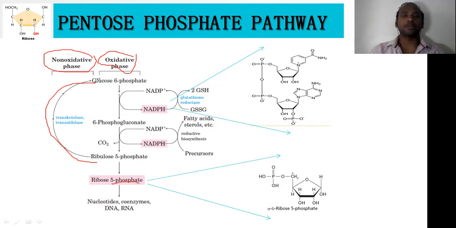This is the initial substrate, so that this particular pathway continuously happens in those tissues where fatty acid metabolism is high. Clear? So this reaction pathway has two different phases, oxidative and non-oxidative phases.